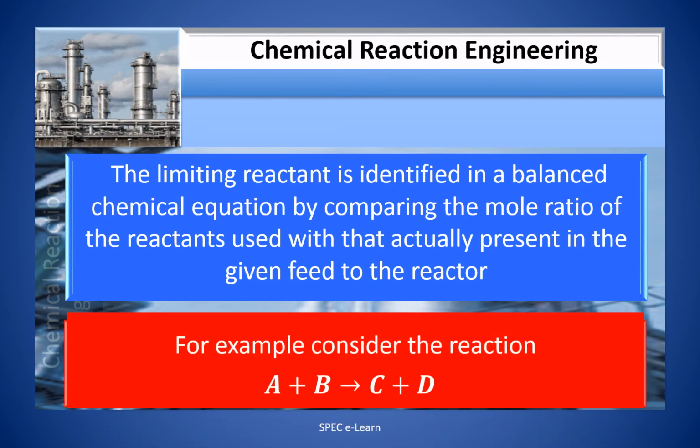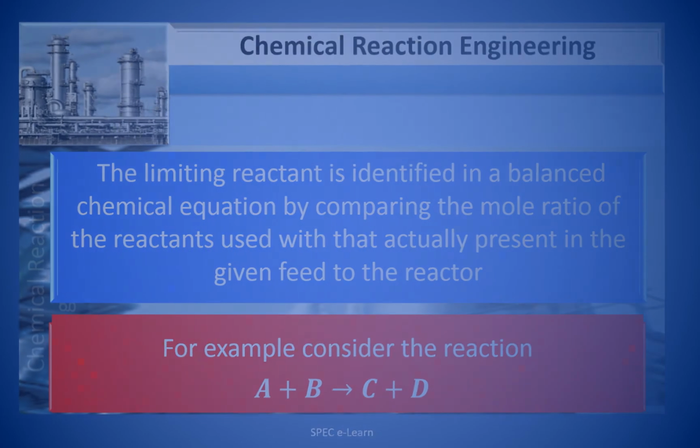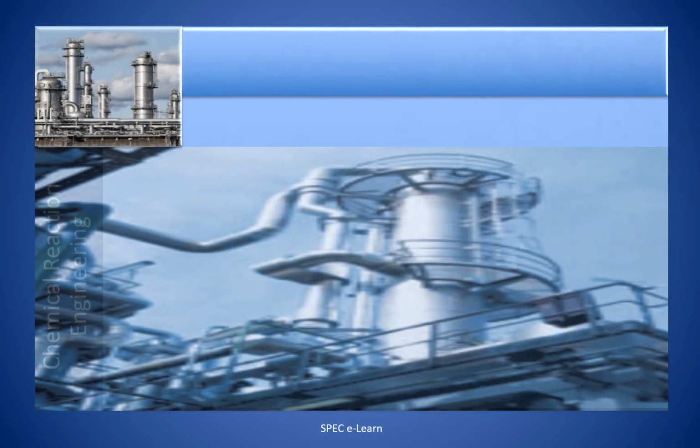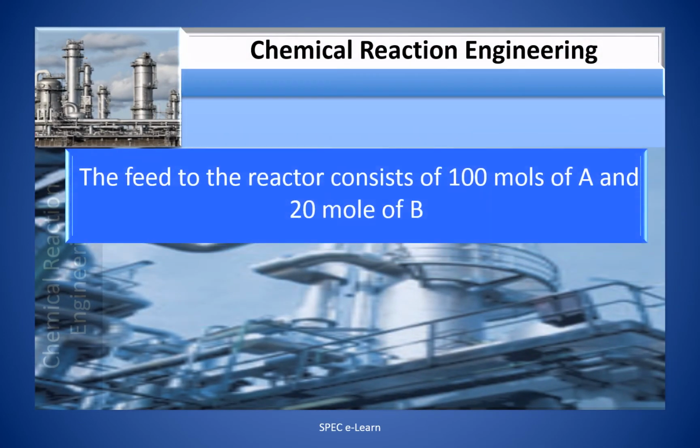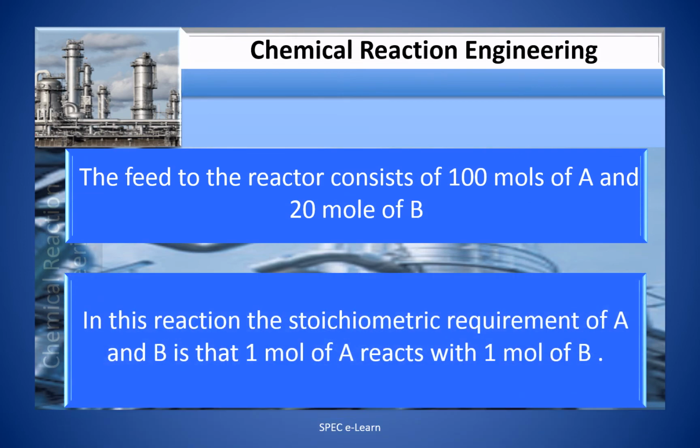For example, consider the following reaction: A plus B reacting to form C plus D. The feed to the reactor consists of 100 moles of A and 20 moles of B. In this reaction, the stoichiometric requirement of A and B is that 1 mole of A reacts with 1 mole of B.